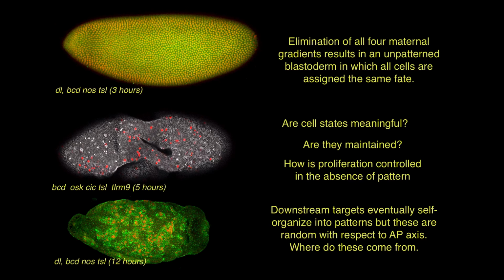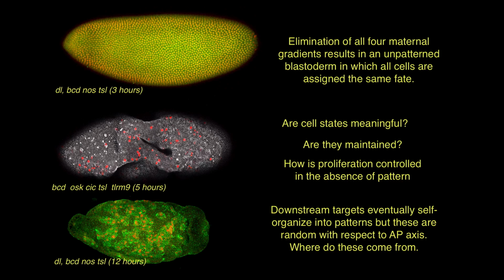The kinds of questions that I'm trying to ask are: are they really uniform? And the answer is yes. What does that uniformity mean? In some cases, they're uniform in meaningful ways in that the transcription factors that are expressed are representative of specific regions in the embryo.